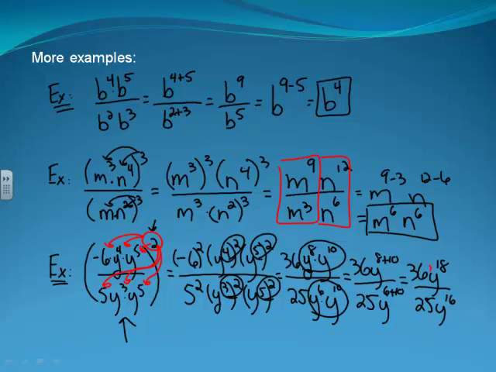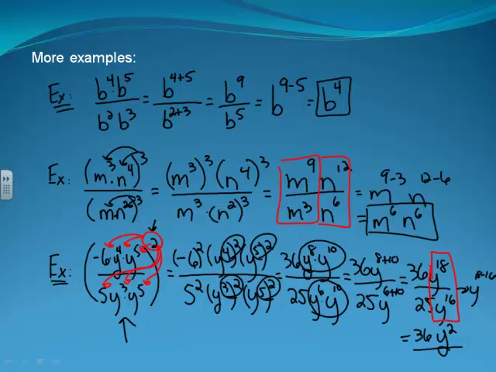Now we have like bases being divided, so we can subtract those exponents, and we've got 36. Now when you subtract exponents, that always gives you a number where the value that you're left with is up in the numerator. 18 minus 16, okay, we'll do it here, y to the 18 minus 16 does leave you with y squared, and again, that's up in the numerator always when you subtract.